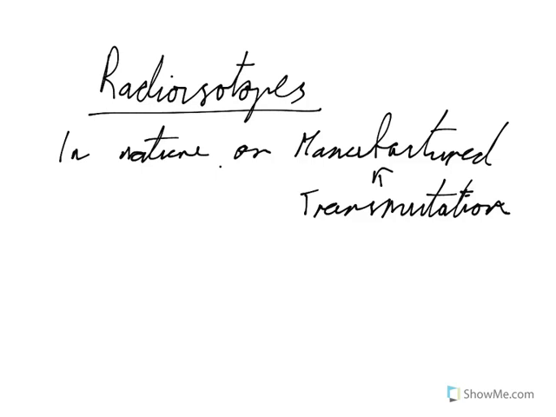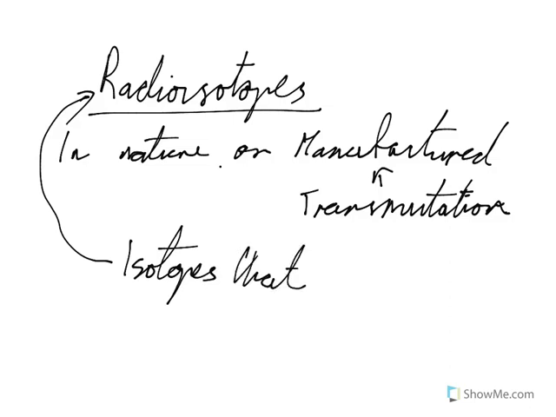So under the first one there, radioisotopes: elements found in nature have isotopes of different masses, different neutron numbers in their nucleus. Some are also unstable and undergo radioactive decay, and those ones are called radioisotopes. So they're isotopes that decay.